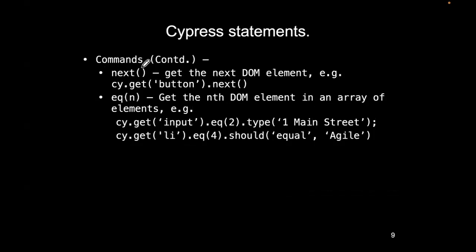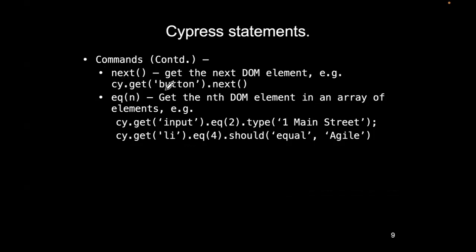Next doesn't take any arguments. What that does is, once you've located a particular element on the page, you then want the next element on the page after that, based on the HTML. So cy.get button, supposing there was only one button on the page, will locate the button element, and then I'm getting the next DOM element after that.